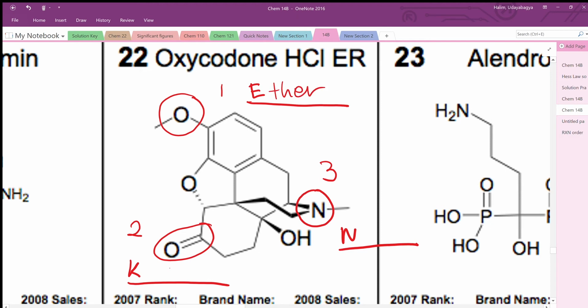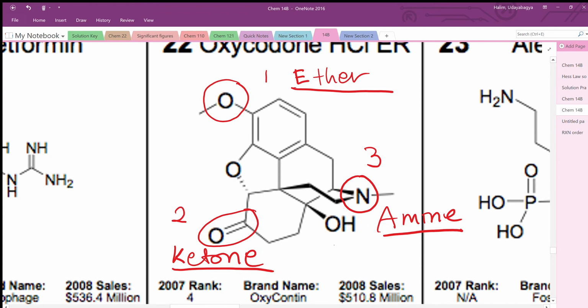Ketone. The next, oh, shoot. I made a mistake, sorry. It starts with an A, that's why. My bad, it was my mistake. Okay. So number three is amine. And we also have an alcohol here.